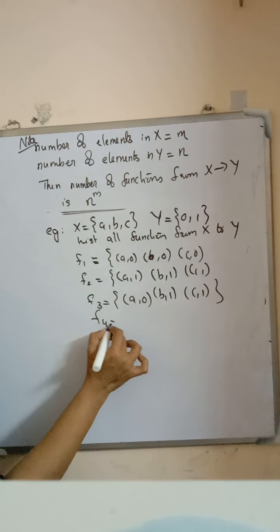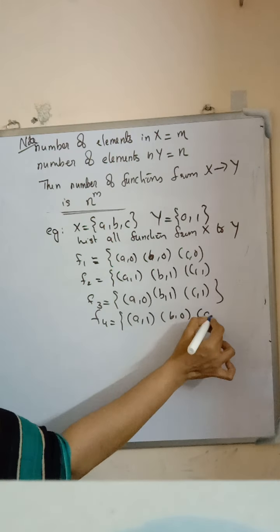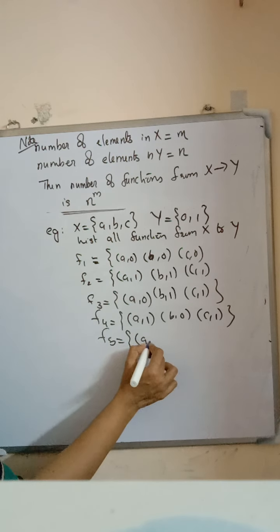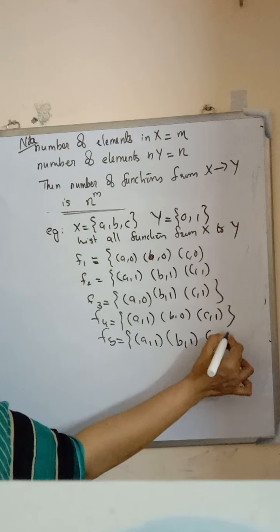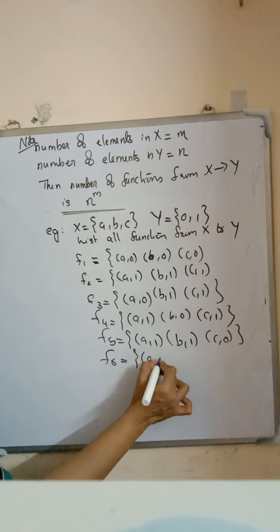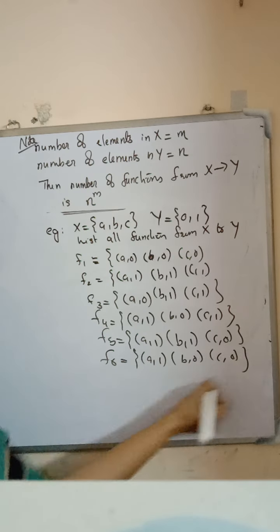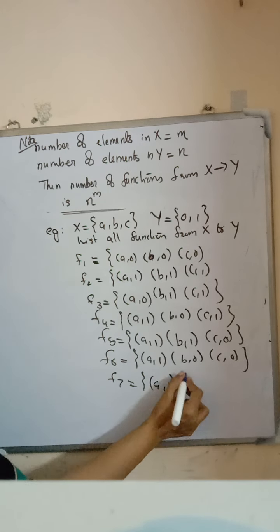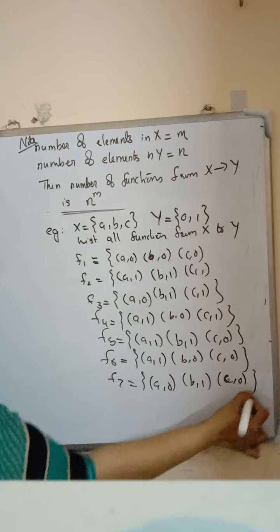In f4, a maps to 1, b maps to 0 and c maps to 1. In f5, a maps to 1, b maps to 1 and c maps to 0. Also f6: a maps to 1, b maps to 0 and c maps to 0. f7: a maps to 0, b maps to 1 and c maps to 0.